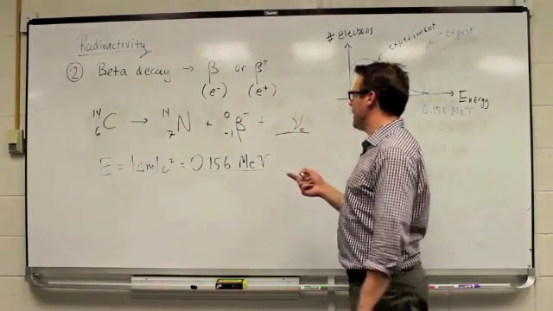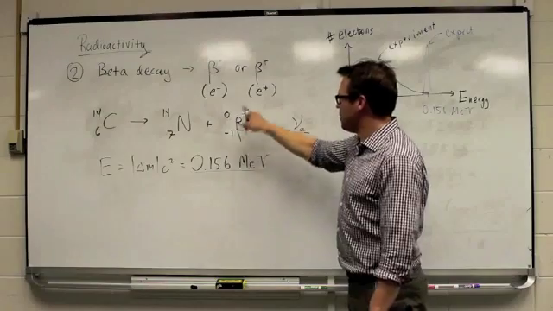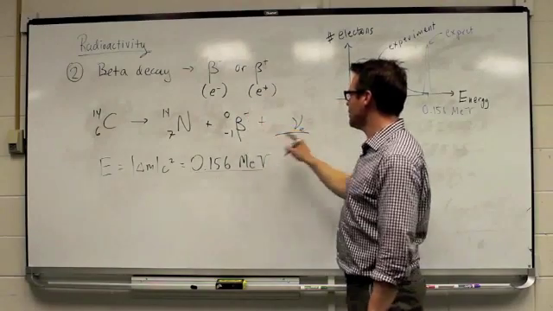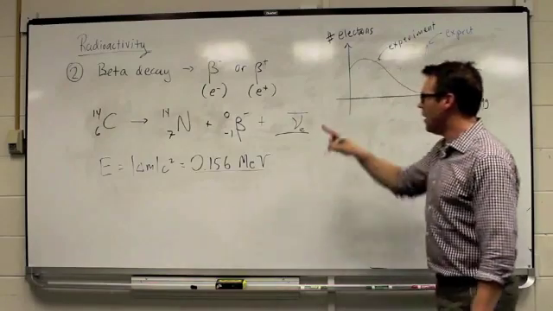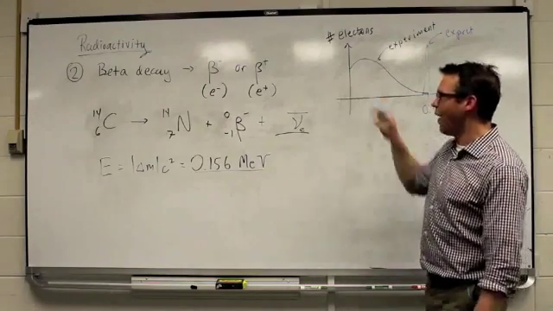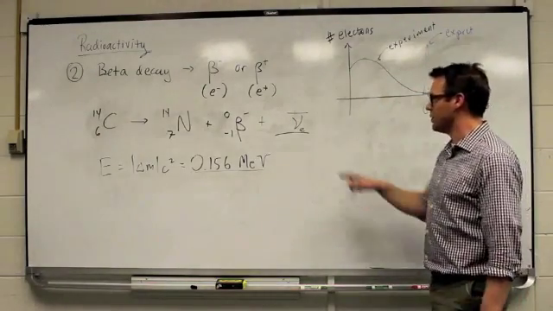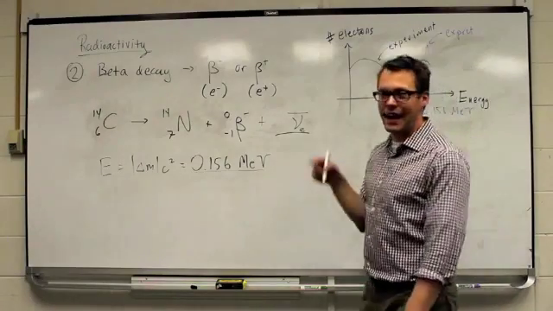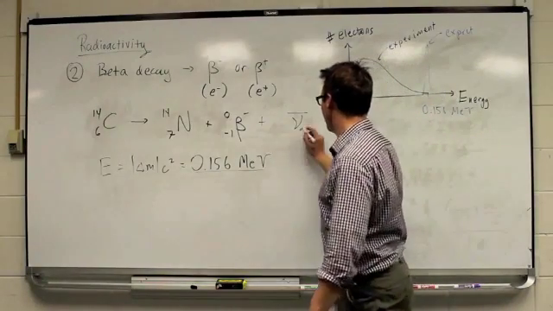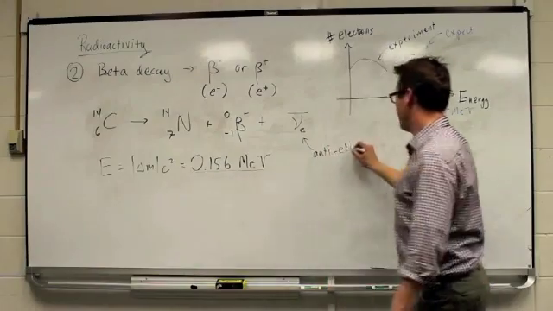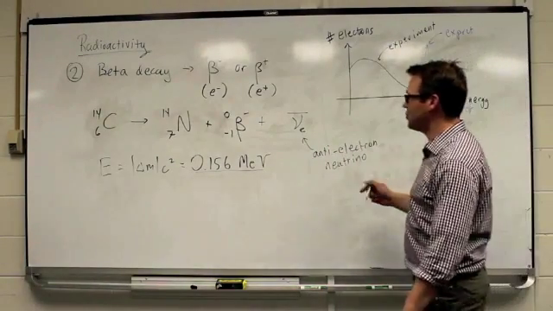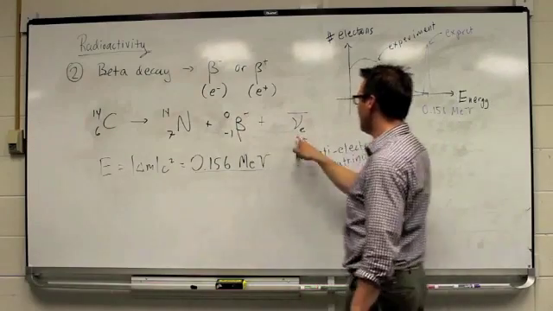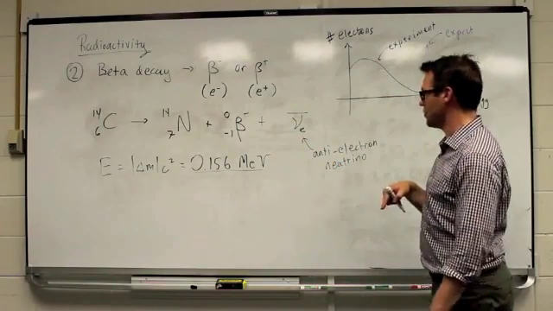And it turns out another thing: if a beta minus particle is emitted from a reaction like this, you get what we call a nu bar, a neutrino with a bar over it, which means an anti-electron neutrino, rather than just an electron neutrino. If this had been a beta plus particle, then we would just get a regular electron neutrino.